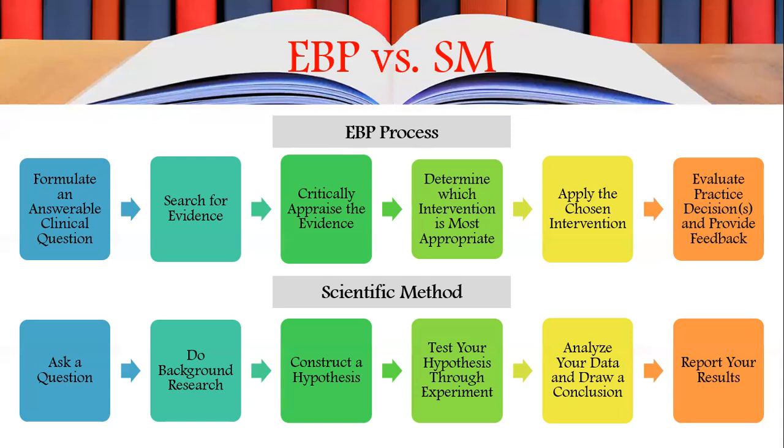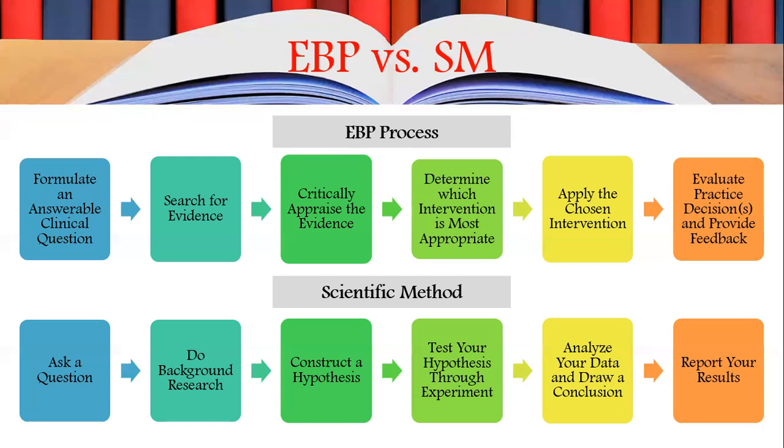So as you can see, there are both 6 steps in the scientific method as well, and it is also its own process. And I like to refer to the scientific method as more of a producer model because we're actually producing research in the scientific method. We're generating a question, we're generating a hypothesis, we're testing the hypothesis, we're analyzing the data.